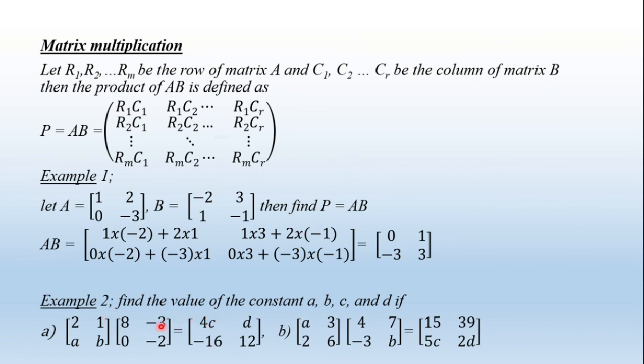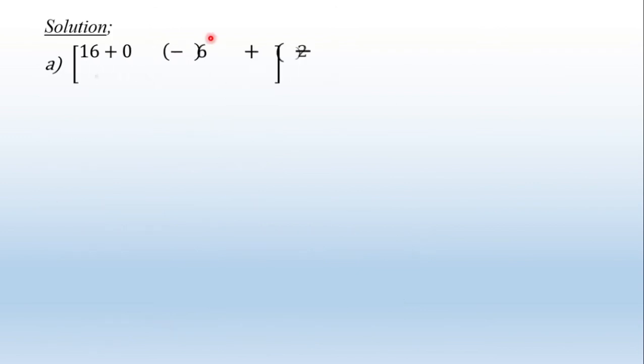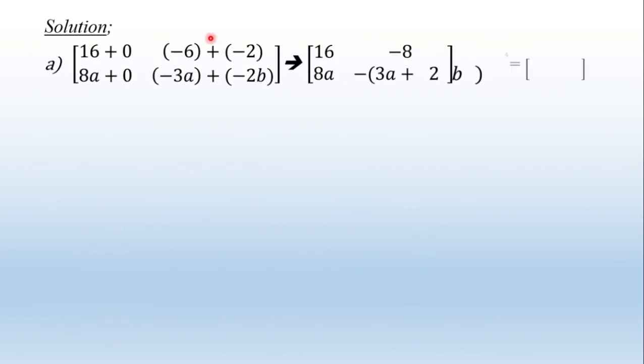Okay, we do part A first. 16 plus 0, 8a plus 0, and minus 6 plus minus 2, minus 3a plus minus 2b, which implies 16 minus 8, 8a, minus 3a plus 2b is equal to 4c d, -16 and 12.